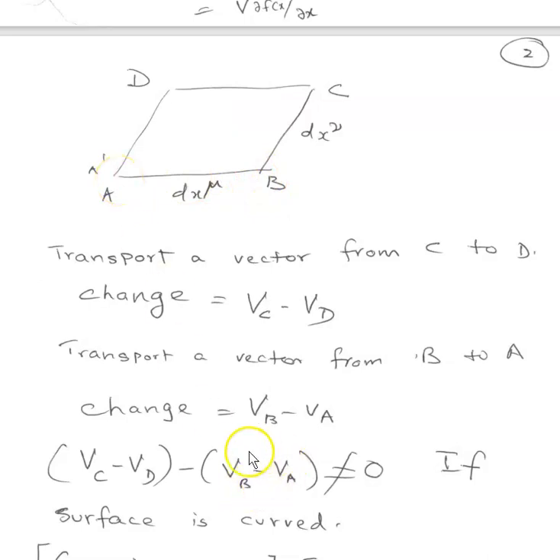So this one gives the curvature in the AB direction, and this one gives the curvature in the CD direction. If the surface is not curved, it will be 0, but if the surface is curved, this value is not going to be 0.